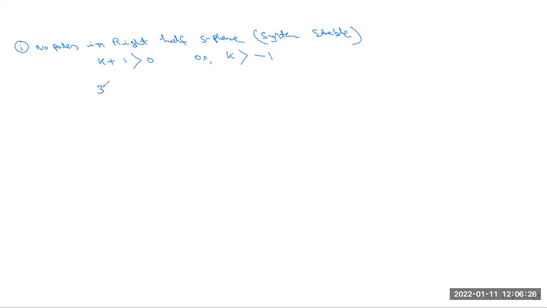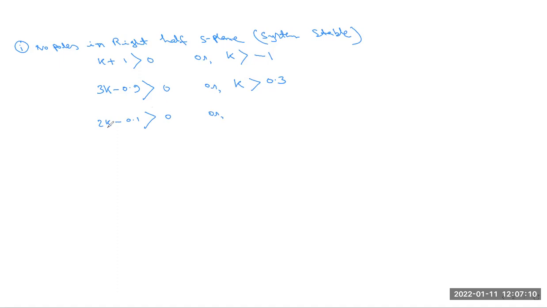Next, 3K minus 0.9 must also be greater than 0. So 3K equals 0.9, and the value comes out as K greater than 0.3. Last one, 2K minus 0.1 must also be greater than 0.